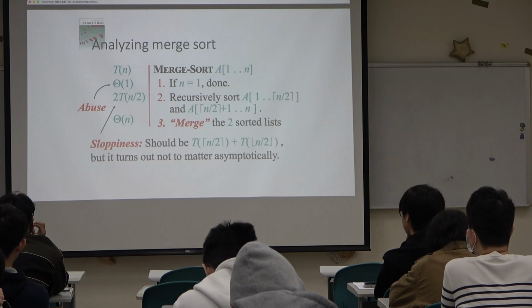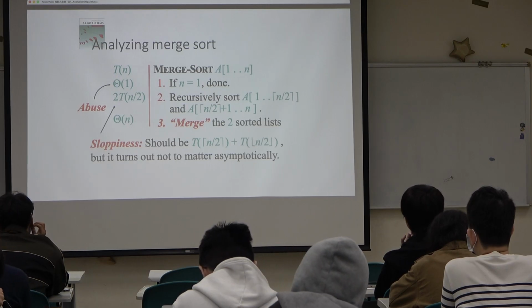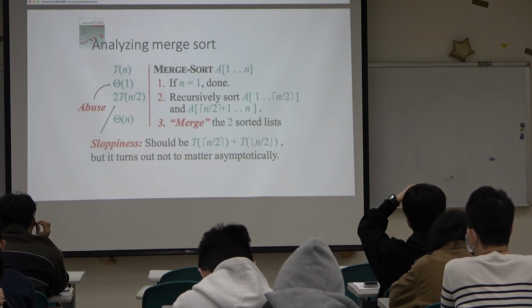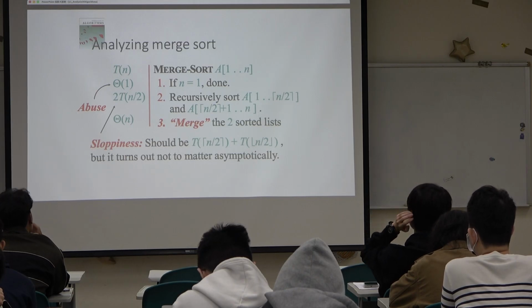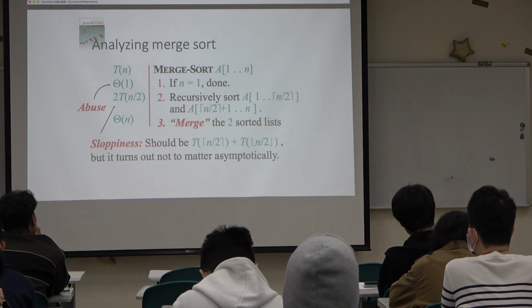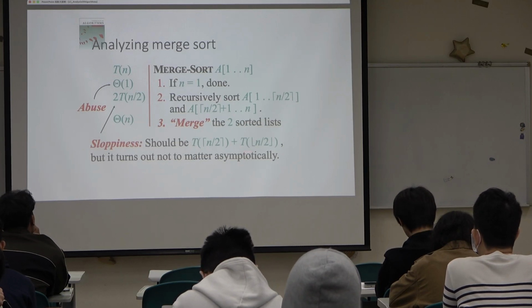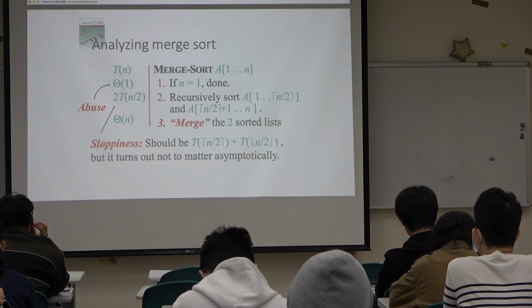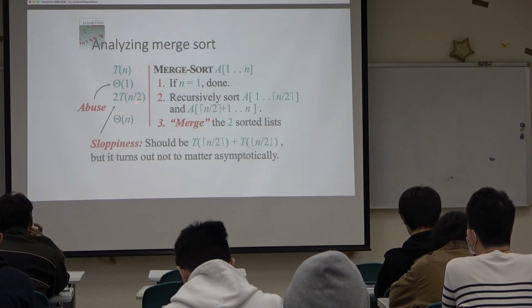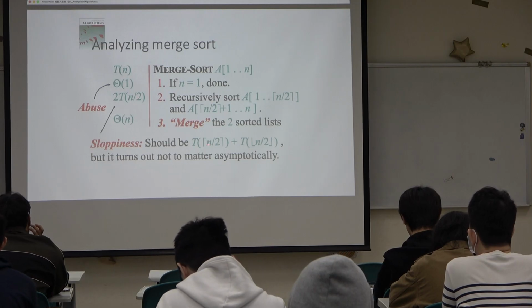I will let you think about why it does not affect it. Intuitively, each of them is close enough to T of n divided by 2.